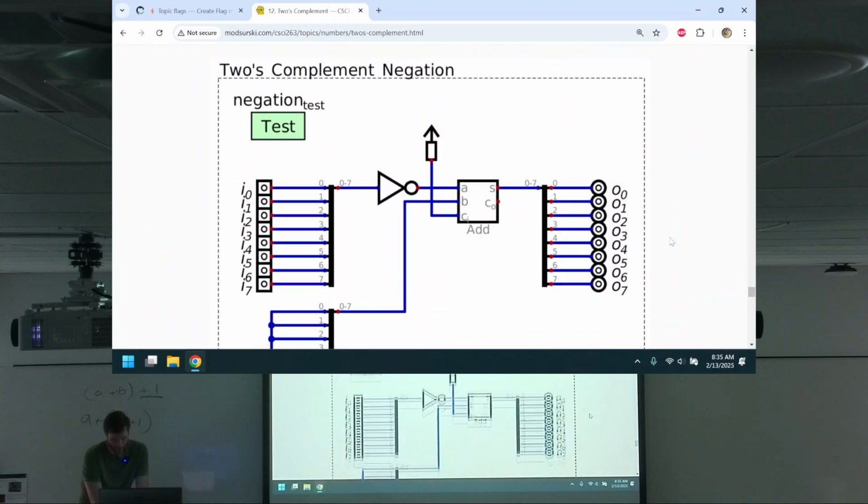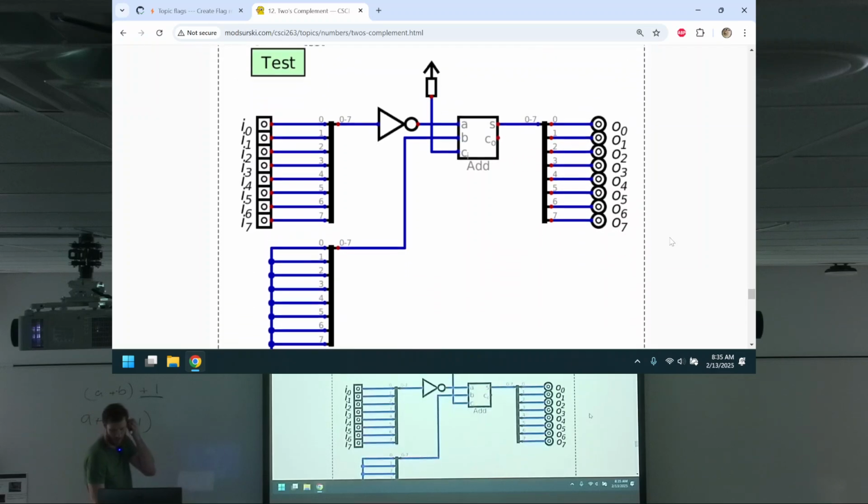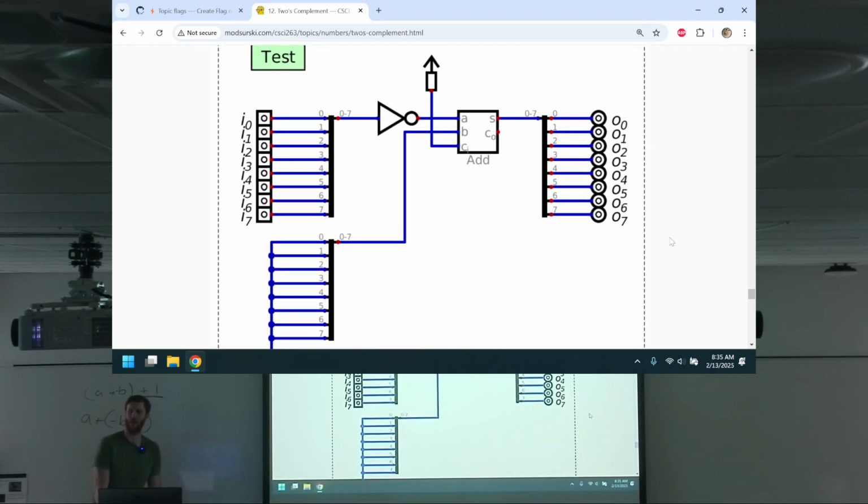All right. So, negation and subtraction. Well, first of all, if I want to create a negative number, all I have to do is not all of the inputs, and add 1. Okay, so how do I do that? Well, here's a really easy way to do it.